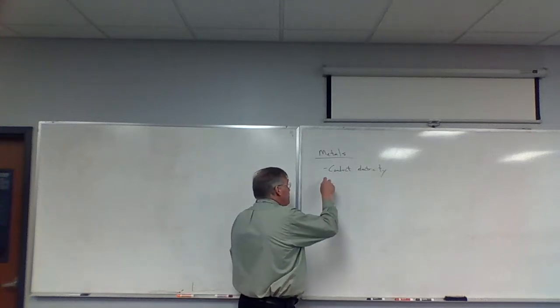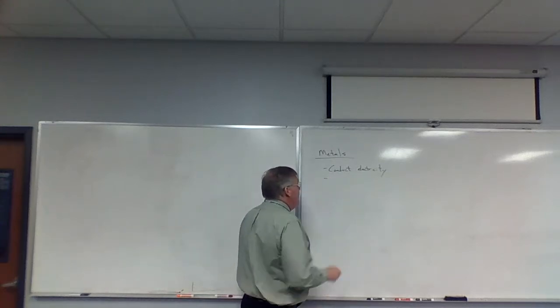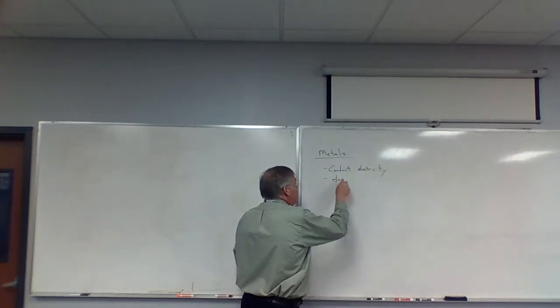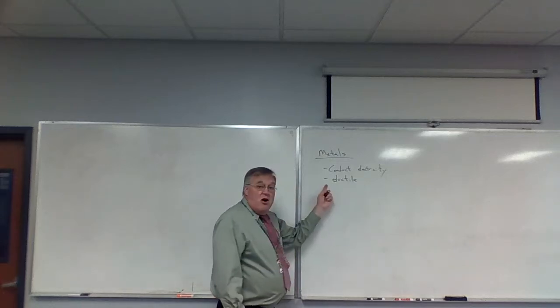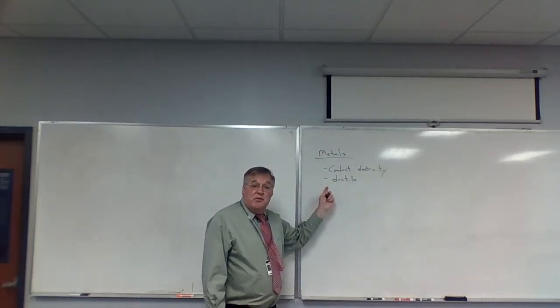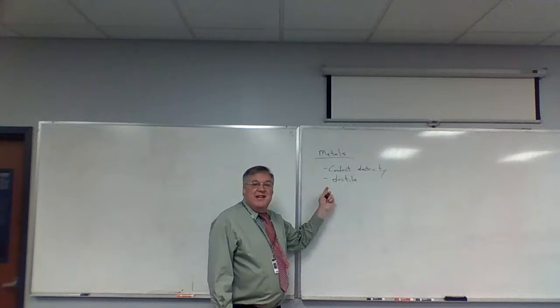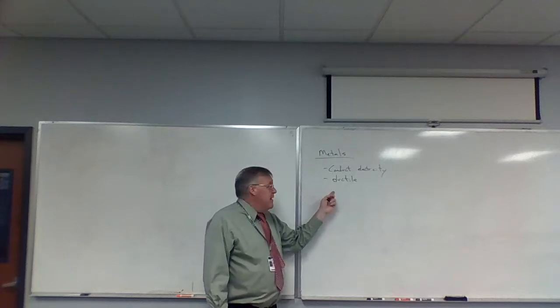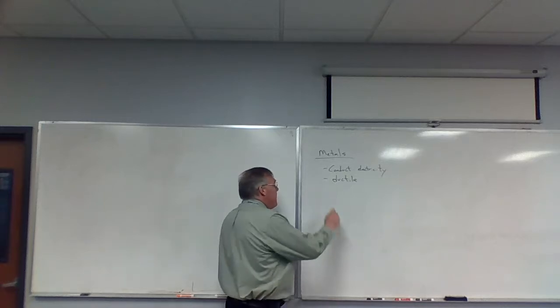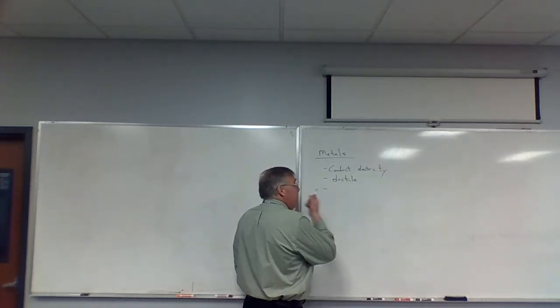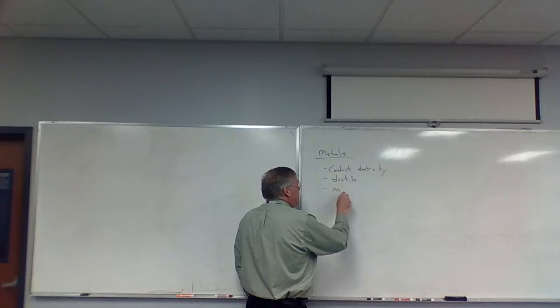Metals are also, generally speaking, ductile. Can be drawn into a wire. Now that's hard for mercury at room temperature. Mercury is a liquid, right? But generally speaking, metal elements are ductile. What about malleable?